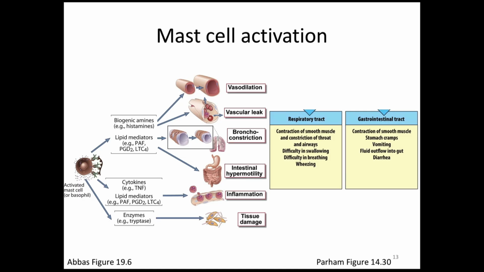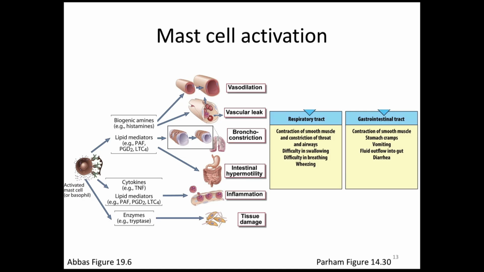We also see one other pretty key thing in a lot of cases as a result of these mediators. If I were to put it in a super big picture way, I would say that it is smooth muscle contraction. Many of these mediators lead to smooth muscle contraction.